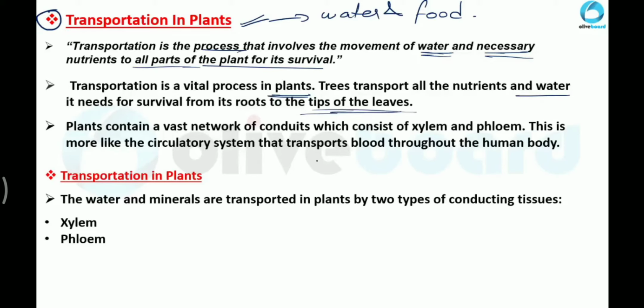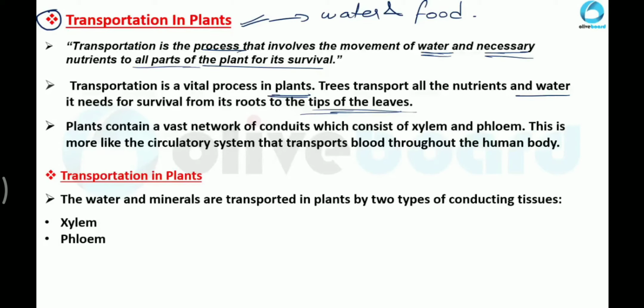Roots absorb water and minerals with the help of root hairs, and trees transport these nutrients and water to each and every part of the plant to maintain their metabolic processes for survival. So this is transportation, and now we will discuss a few more things about it.